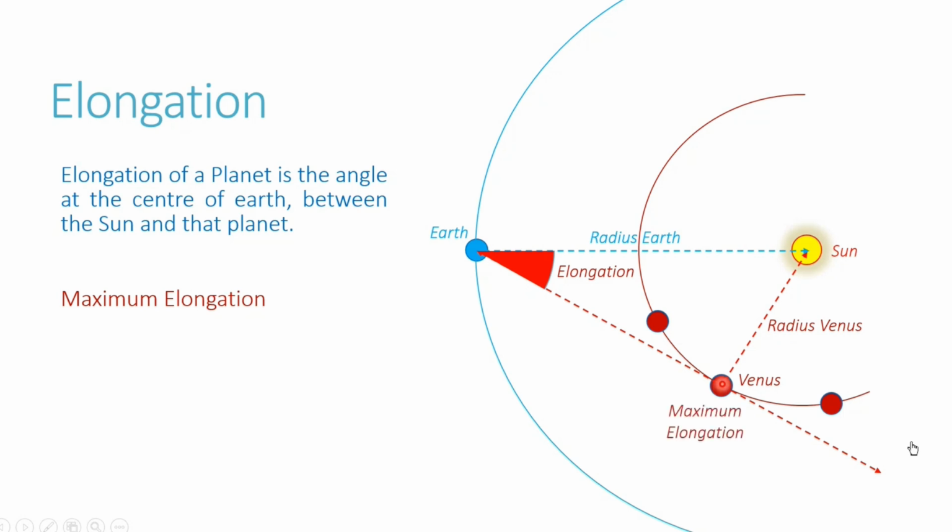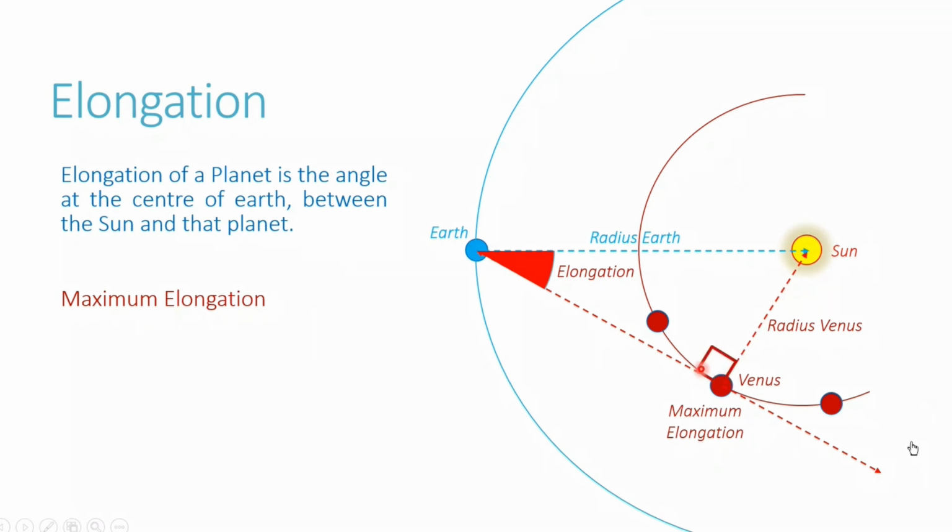And we are aware that the tangent is always perpendicular to the radius of a circle. So this line joining the center of Earth with the center of the Venus, the red dotted line, represents a tangent, and this line joining the center of Sun with the center of Venus represents the radius of the Venus. So they will be at right angles.